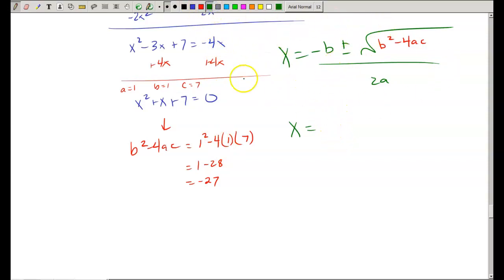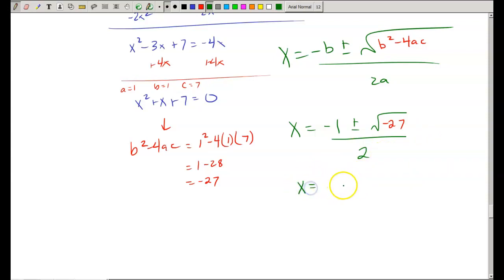So back to the quadratic equation, I'm going to have the opposite of b, which is negative, and b is 1. So negative 1 plus or minus the square root of negative 27, all divided by 2a, which would be just 2. So let's go ahead and break this up.